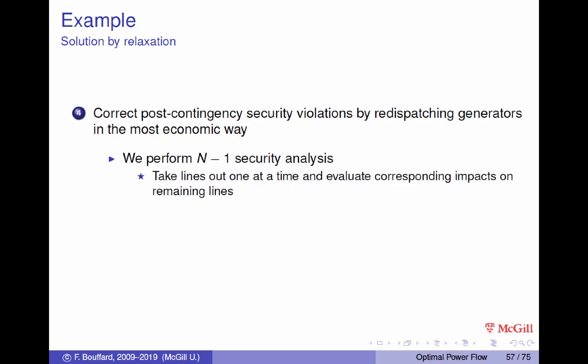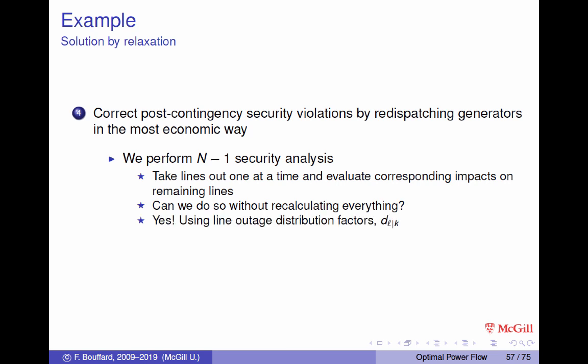Then the fourth step, we're going to be performing the security analysis by knocking out components, and we're also going to look at what we need to do if there are some violations. So here we're doing the N-1 security analysis.